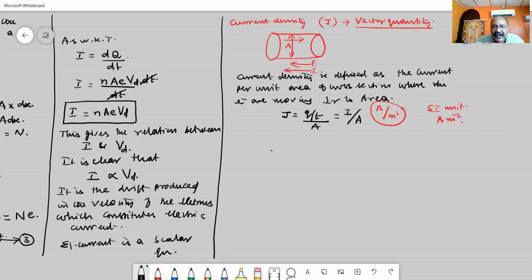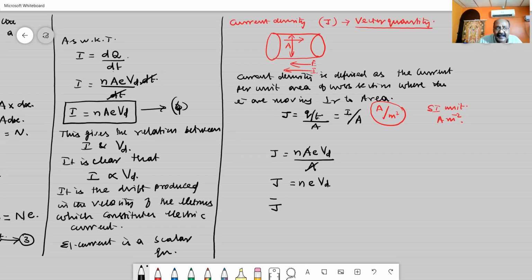J is equal to I by A. Let us consider the previous equation as number 4. From equation 4, I can substitute for I: n into A into e into v_d divided by A. So A will get cancelled, and J is equal to n into e into v_d.